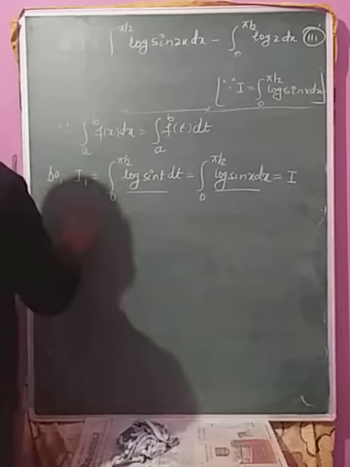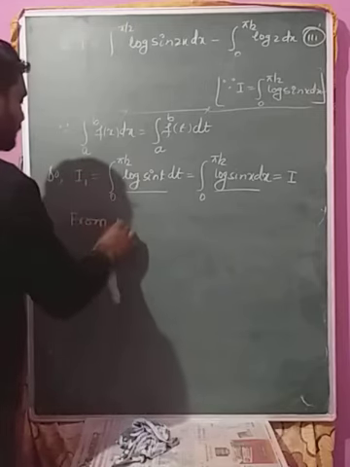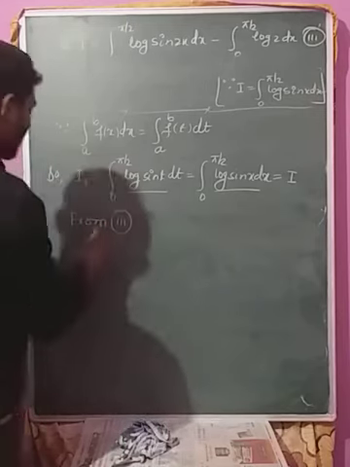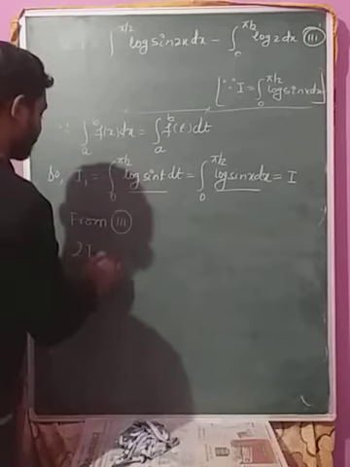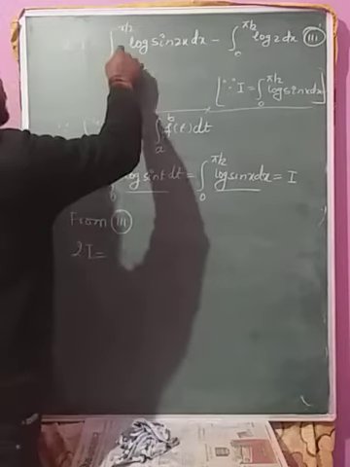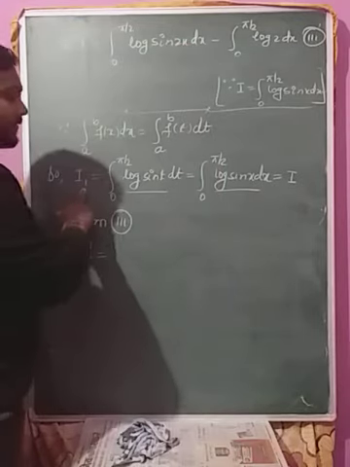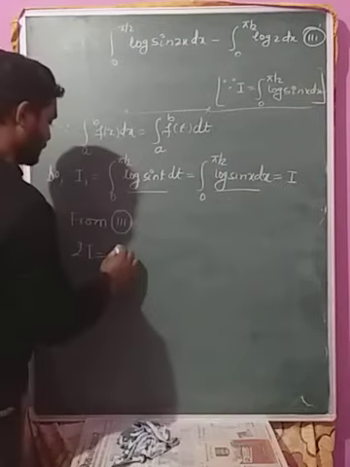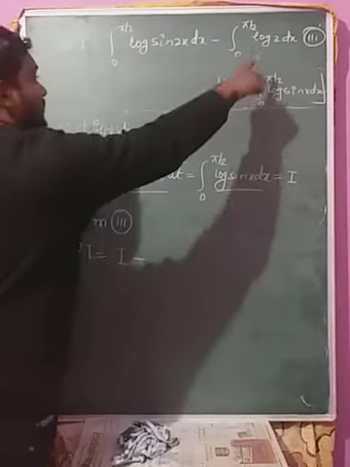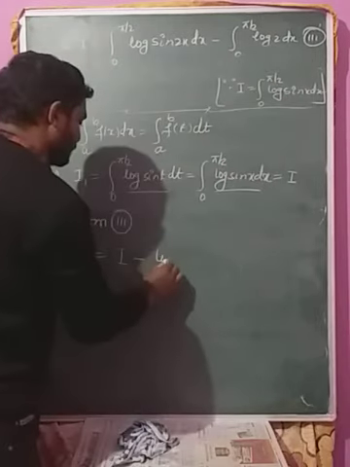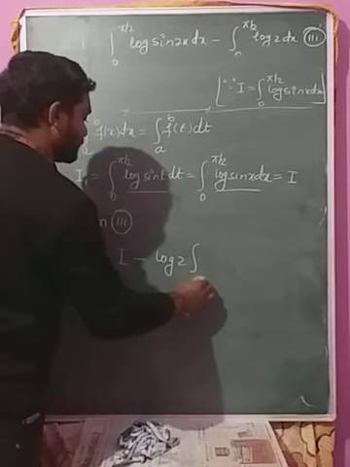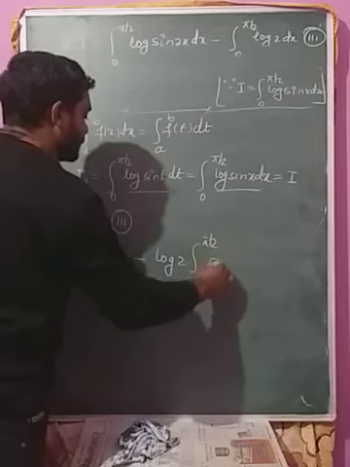From the third equation, 2I is equal to 0 to pi by 2 log sin 2x dx, which is I1, and I1 is equal to I, so I minus log 2, which is a constant, log 2 taken out, 0 to pi by 2 dx.